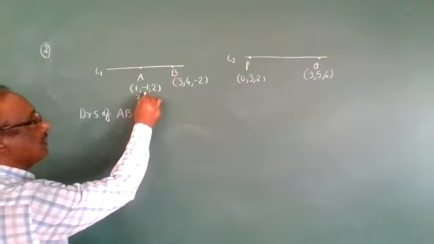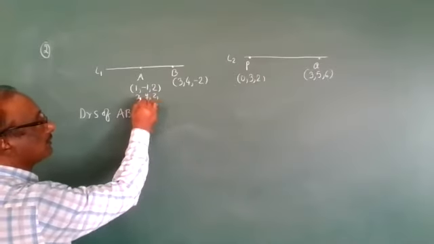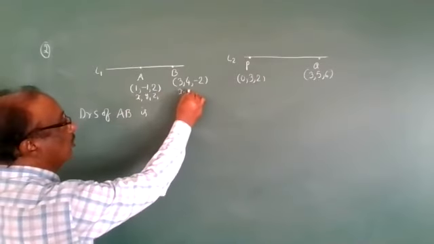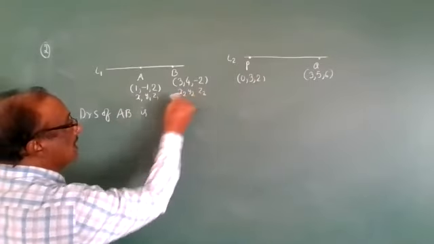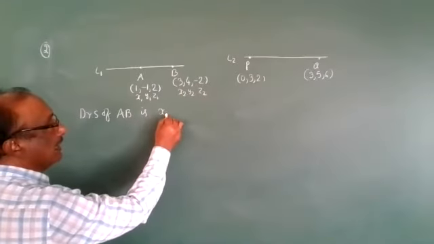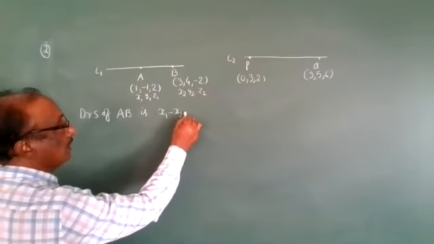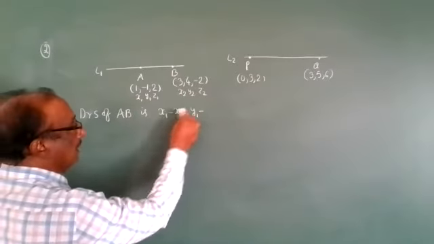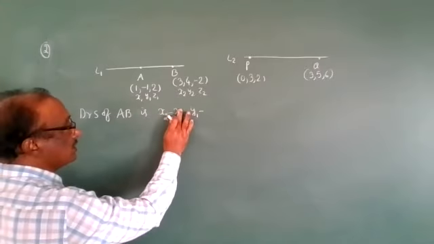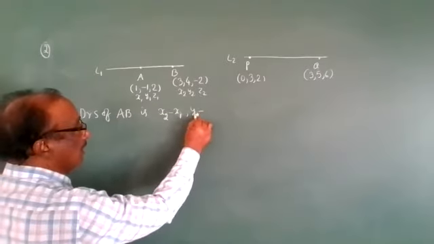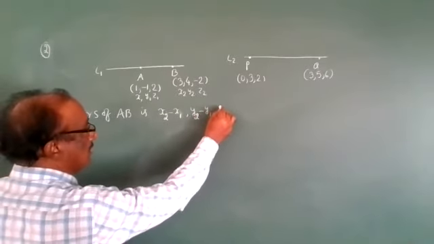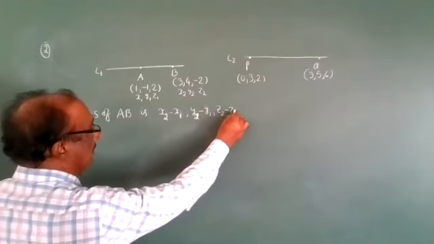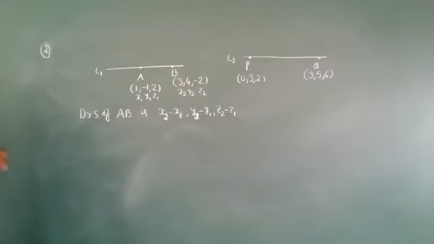This is X1, Y1, Z1 and this is X2, Y2, Z2 in this line. The formula is X2 minus X1, Y2 minus Y1, Z2 minus Z1. Write down the DRs.